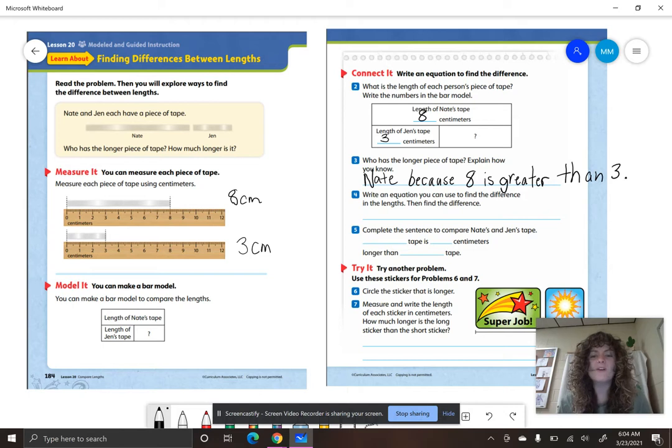Excellent. All right, number 4 says write an equation you can use to find the difference in the lengths. Then find the difference. Think back to our time when we were learning about fact families. Fact families are when we have 2 parts and a whole that we can use to make 2 addition sentences and 2 subtraction sentences.